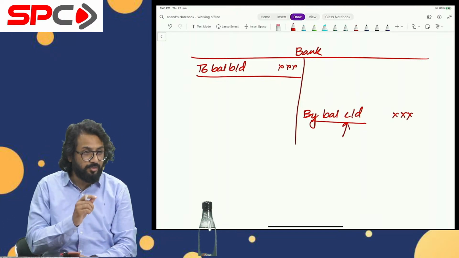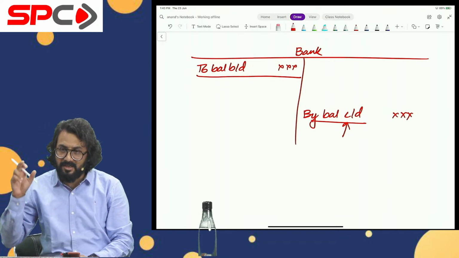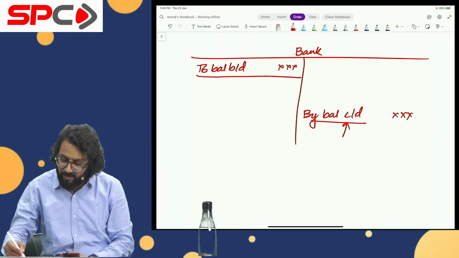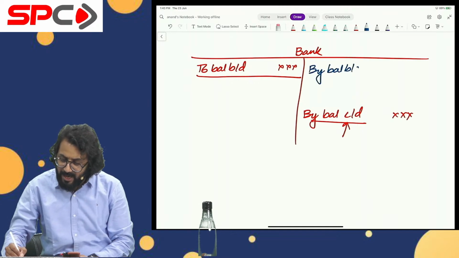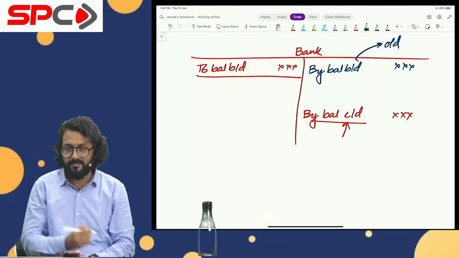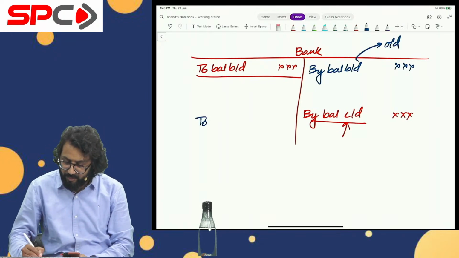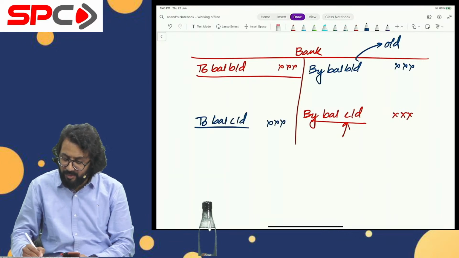Agreed? Closing balance is written on the opposite side. It is not a credit balance, it is still a debit balance. And when I am writing down on the credit side, by balance brought down. Agreed? This is OD. And OD will be written on the debit hand side, to balance carried down. This is also OD, OD.